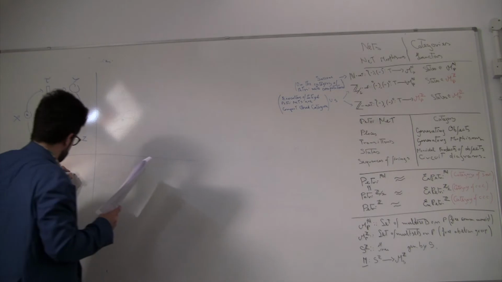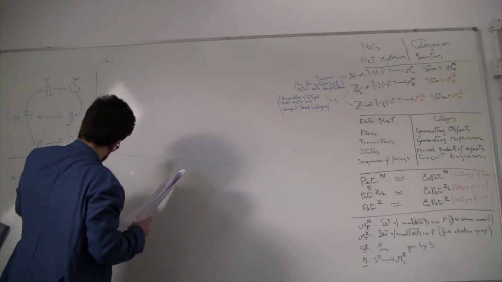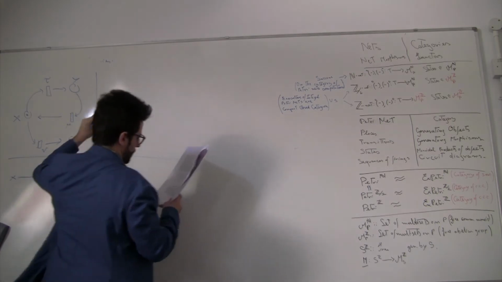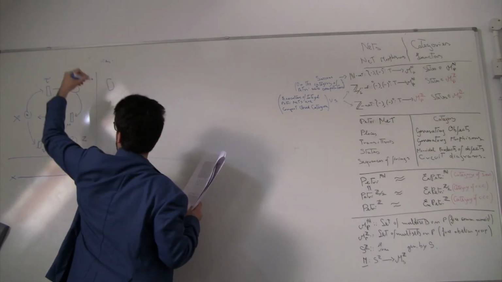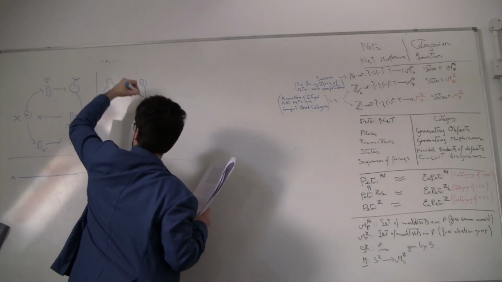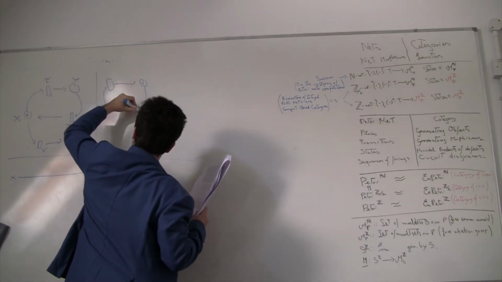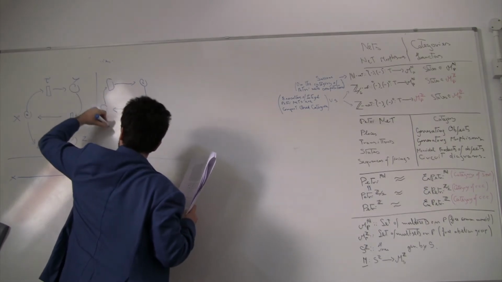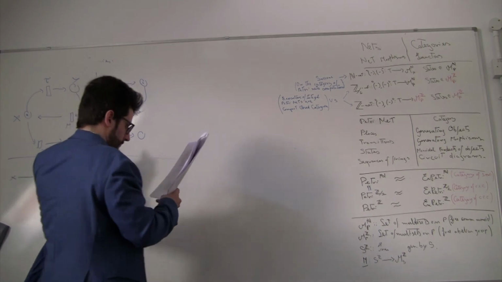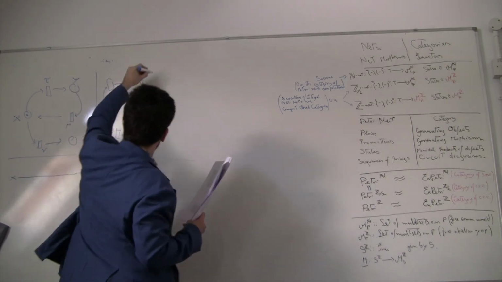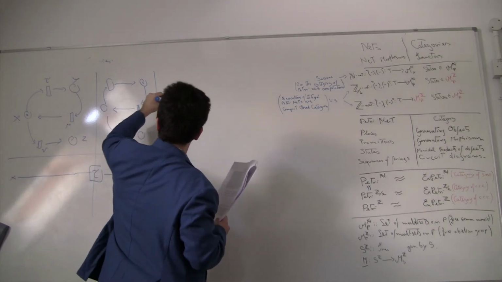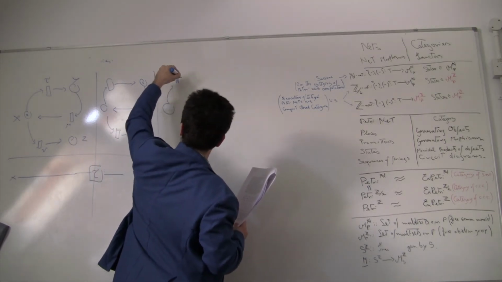Then tau fires, representing this. And now we are here. Okay. Now what I can do is this.